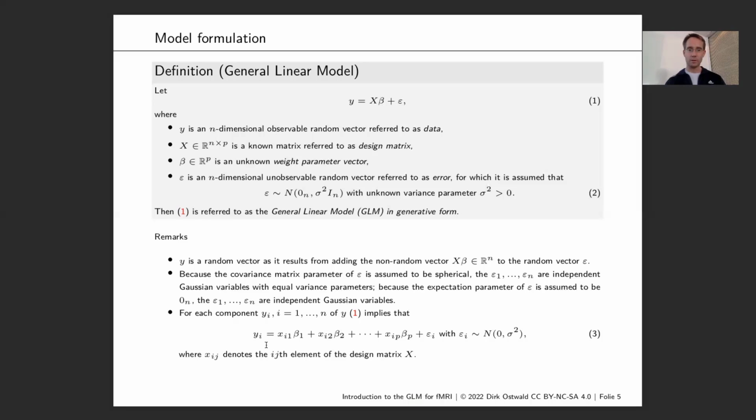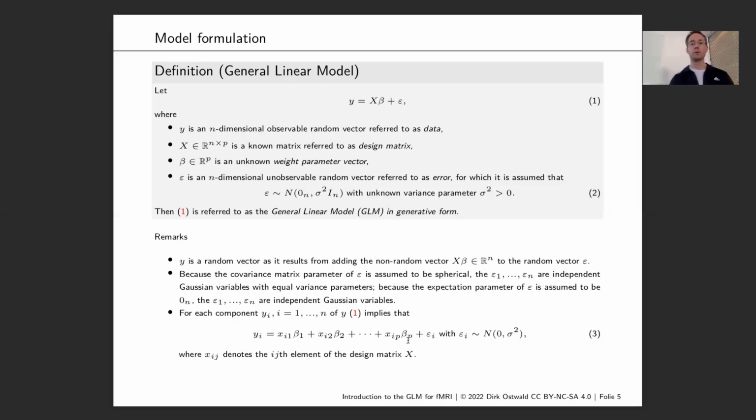If you look at a single component of this y, for example the ith row of y, there's also an ith row of this vector, which you get by multiplying the ith row of the design matrix with the beta parameters. So that's xi1 beta 1 plus xi2 beta 2 up to xip beta p.